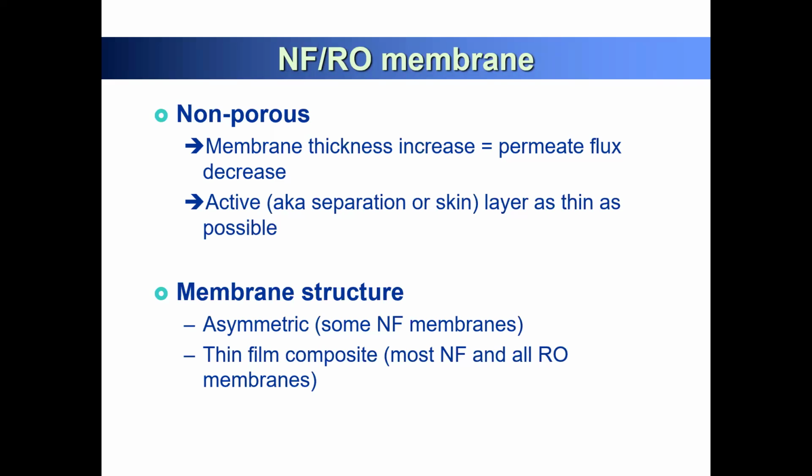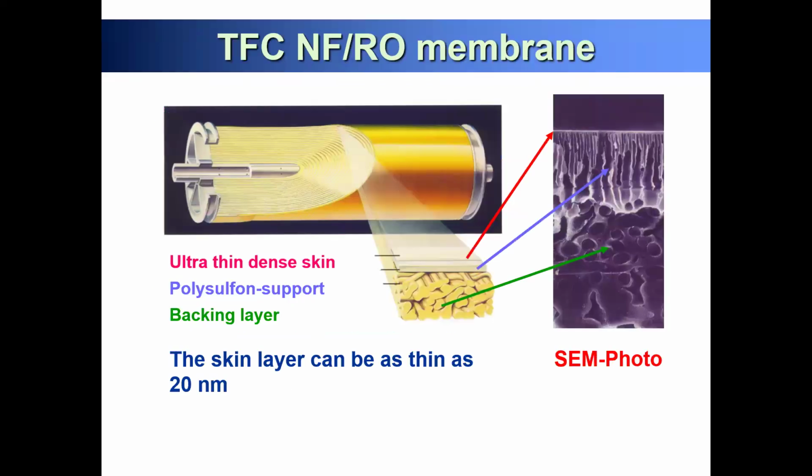So the membrane structure is asymmetric. You have a very thin active layer, and behind it a support layer. So we just say asymmetric structure, and we can utilize this for nanofiltration and RO membranes. So it looks like this. If you take a microscope image of this cross section, you can see how it looks.